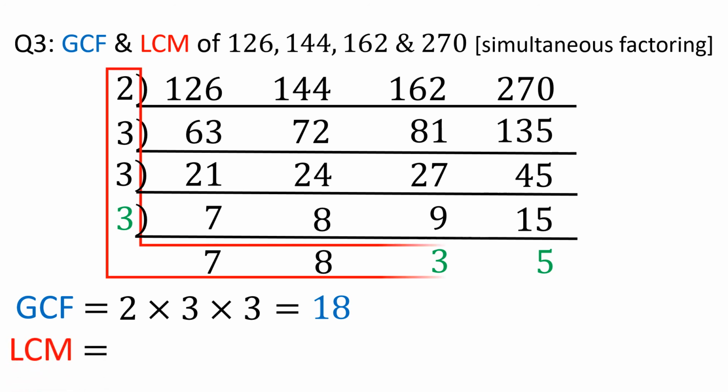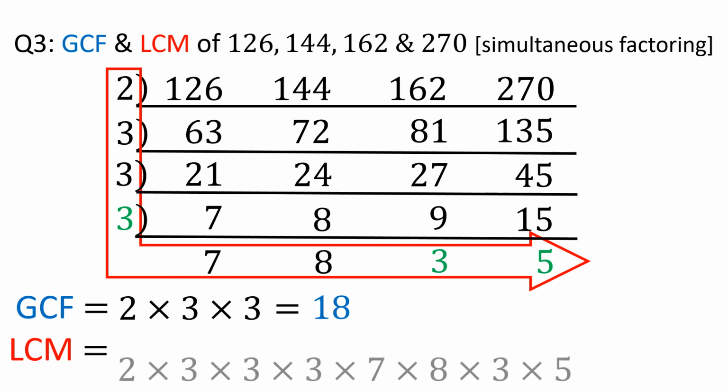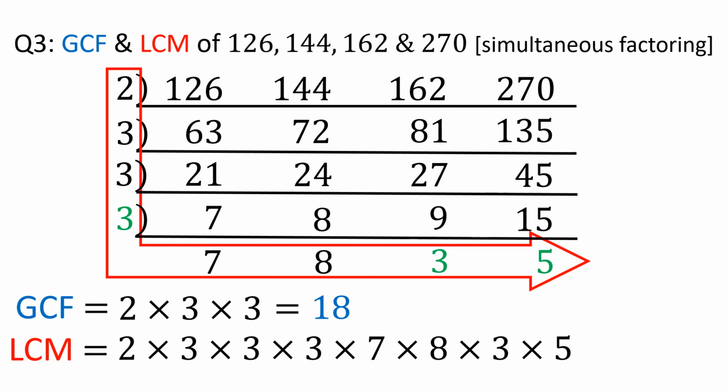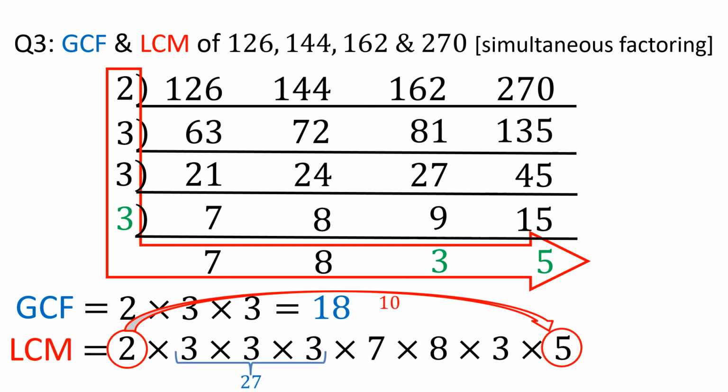To find the LCM, we need to multiply the numbers in the shape of an L, which is 2 times 3 times 3 times 3 times 7 times 8 times 3 times 5. 2 times 5 is 10. 3 times 3 times 3 is 27. 7 times 8 times 3 is 168.